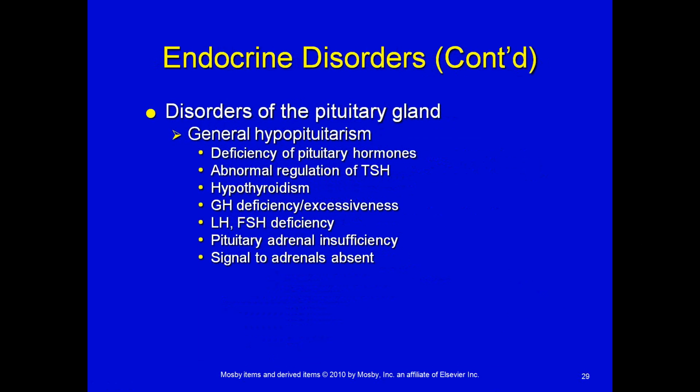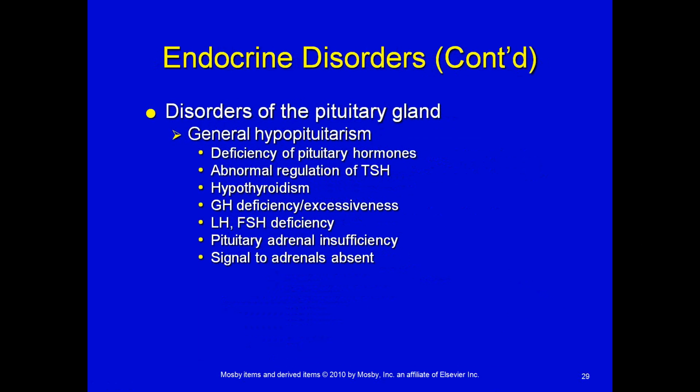With hypopituitarism, that's a deficiency in the pituitary hormones, which lead to an abnormal regulation of TSH, and TSH is certainly important in regulating the thyroid gland, and so hypopituitarism leads to hypothyroidism.